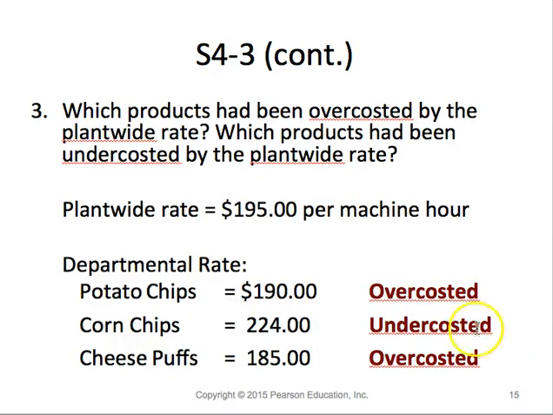So okay, we just see the numbers here. All right. So this just gives some idea that if we use a plant-wide rate, it does not reflect the true costs for each line or each department. So we need to use a departmental cost schedule to find out for each line how much it's really costing us.